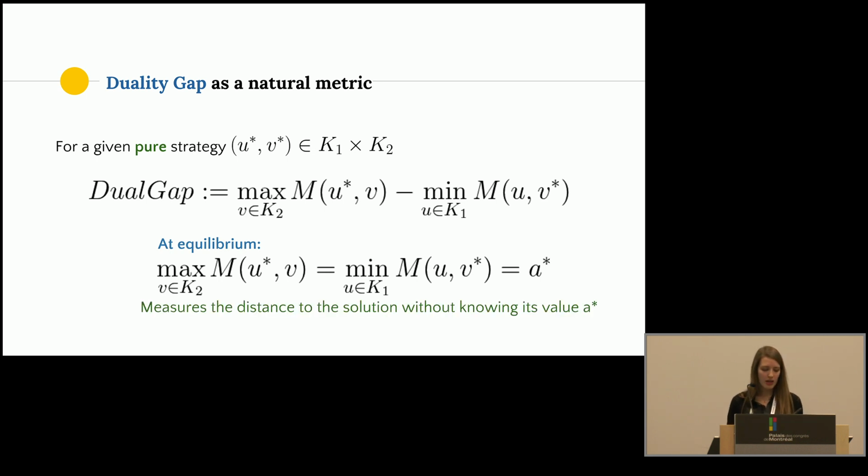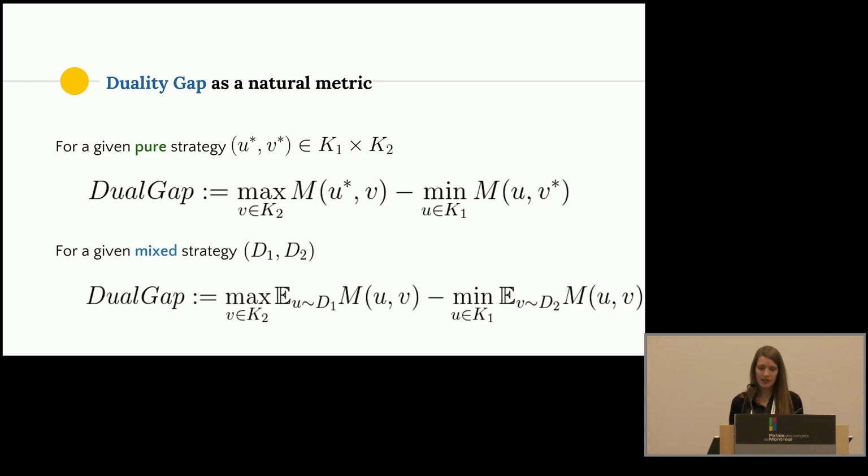And what the duality gap does, very interestingly, is it measures the distance to this equilibrium without knowing the value of the equilibrium A star or what this equilibrium exactly is, which is very convenient for GANs because we don't know the value of the equilibrium. In a similar fashion, we can define a duality gap with mixed strategies.